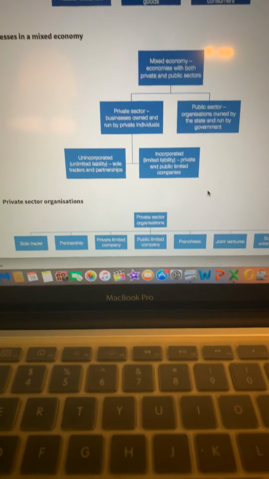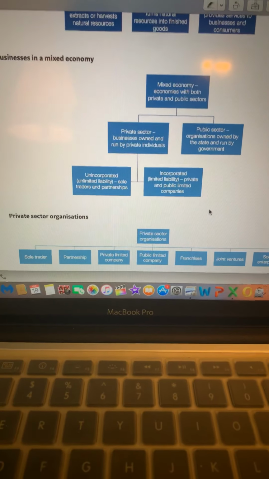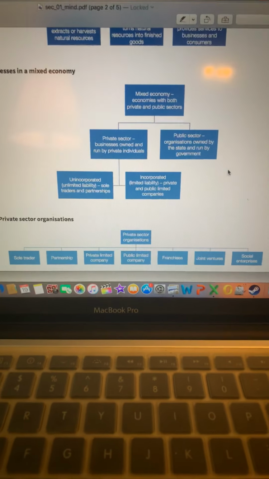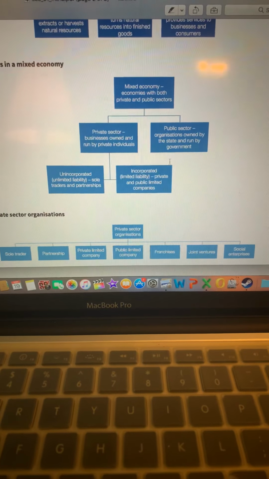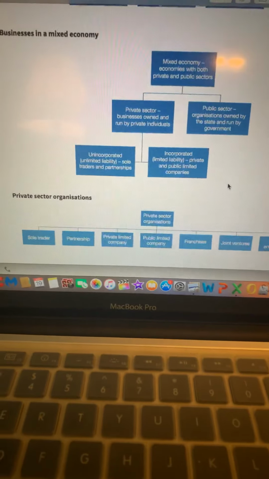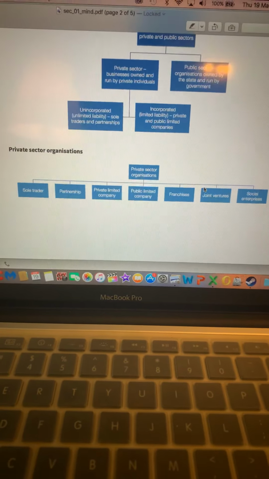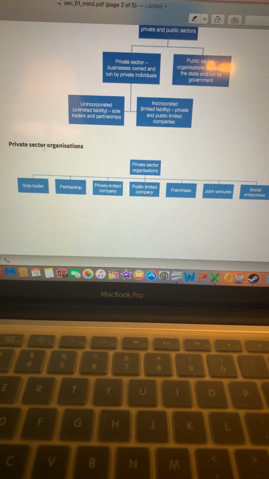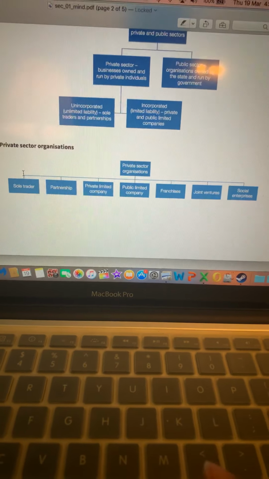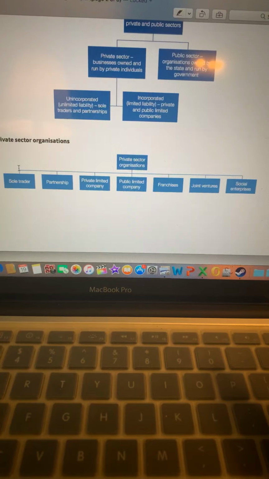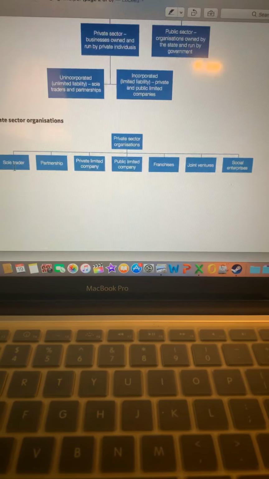Or you may have organizations like centralized economy, which may be completely public and no private sector. That's kind of like your communistic kind of economy. Then we have private sector organizations. These are the various kinds of private sector organizations. You guys should know this. Foundational stuff.